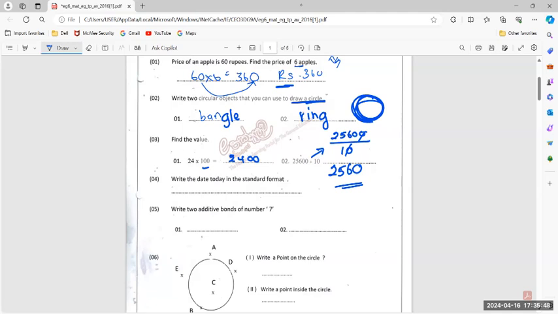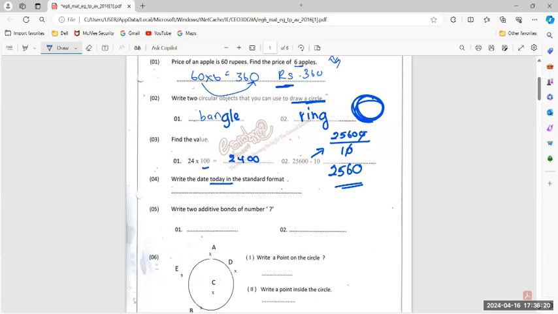The next one is write the date today in the standard format. So today is 16th, 4th month, April 16th.